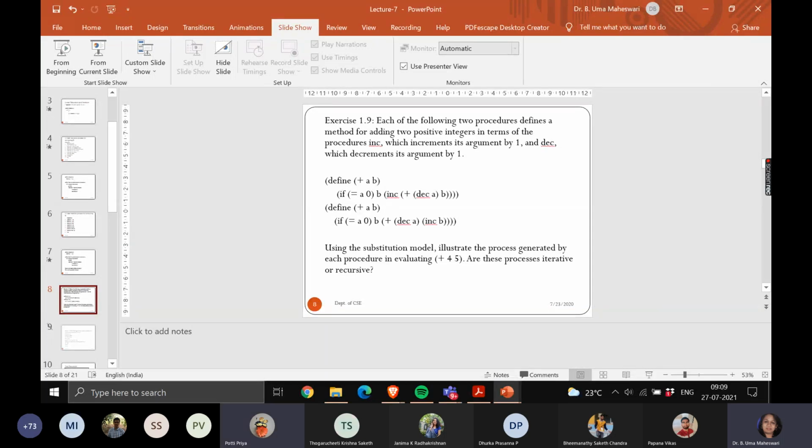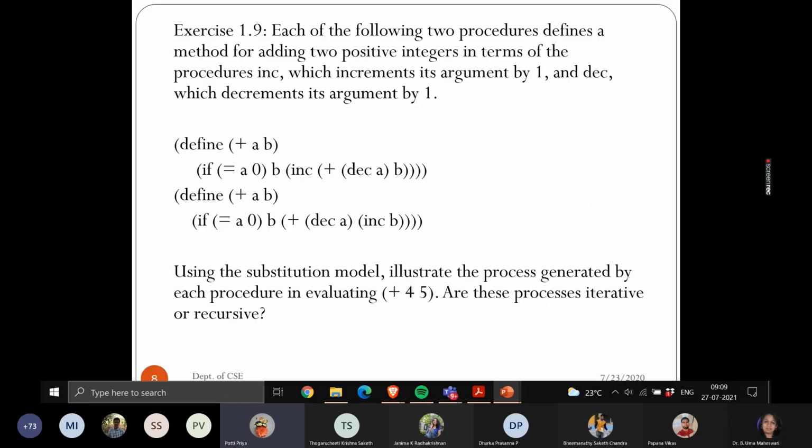Initially plus 4 5 is called. So A is 4 and B is 5. Since A is not equal to 0, the process will call increment of plus 3 5, decrementing A and keeping B. Since 3 is not equal to 0, the procedure will call increment of plus 2 5.